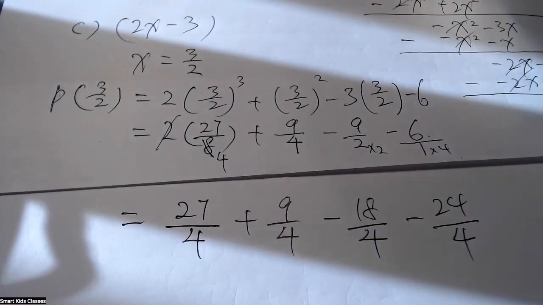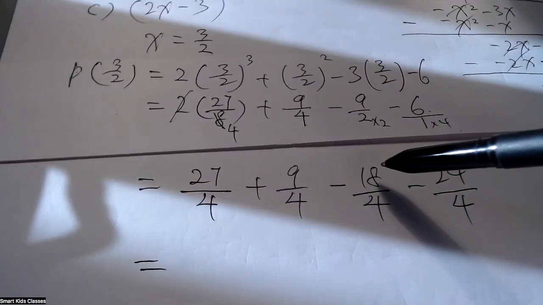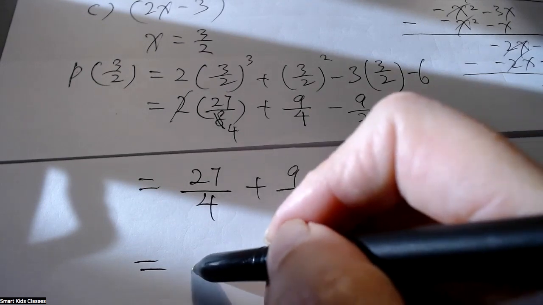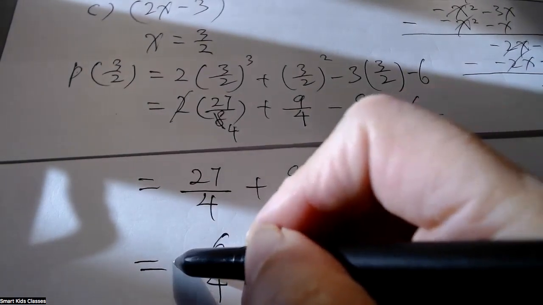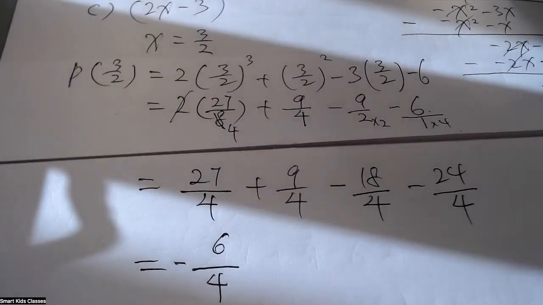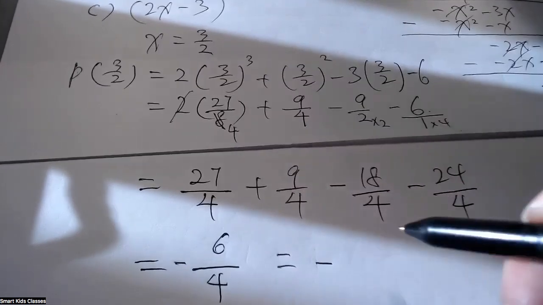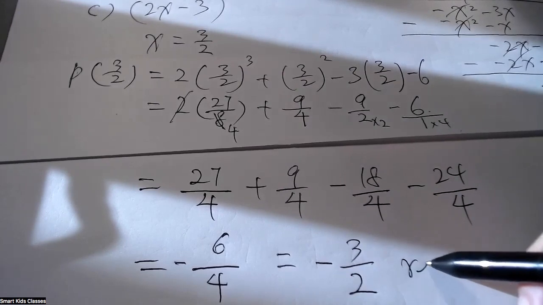Now from here, we add and subtract the numerators. So what are we going to get? We get negative 6/4. Negative 6/4 means negative 3/2 is the remainder.